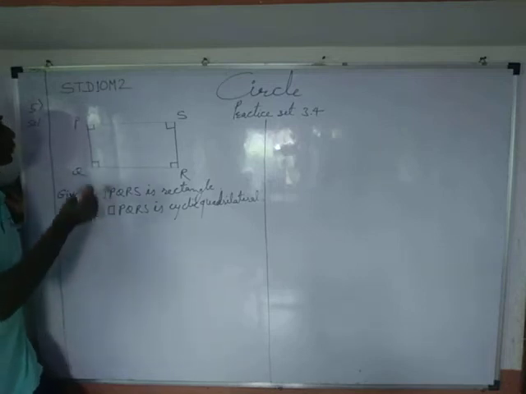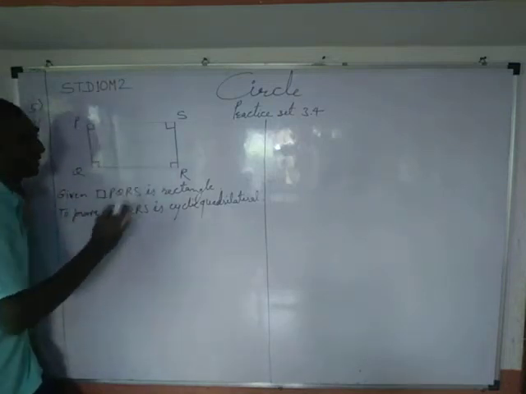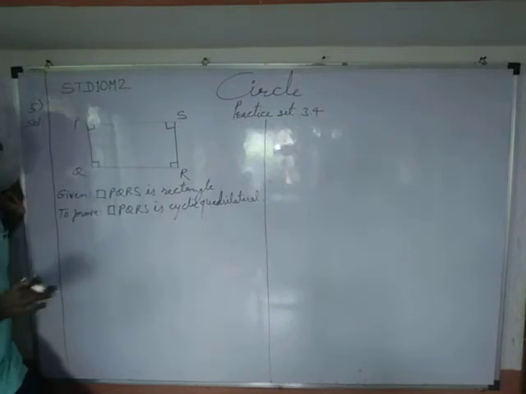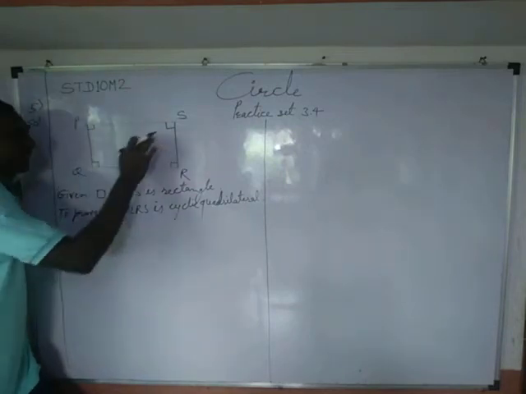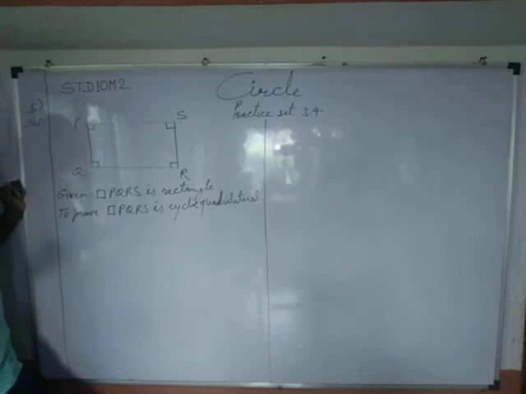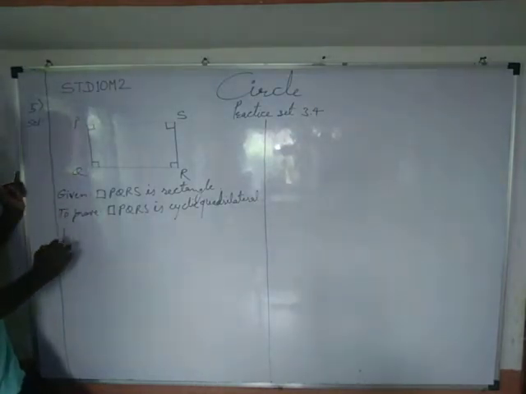Means we need to prove either angle P plus angle R equals 180 degrees, or angle Q plus angle S equals 180 degrees. If we are able to prove that, then we may declare quadrilateral PQRS is a cyclic quadrilateral. Yes, easily we can. Let's see how.